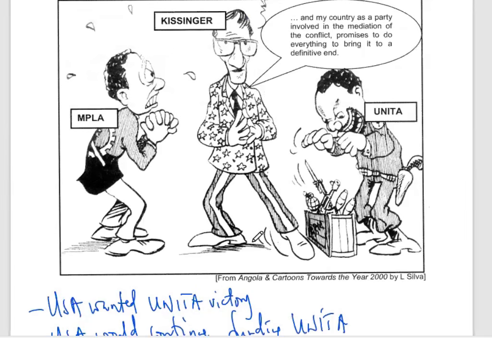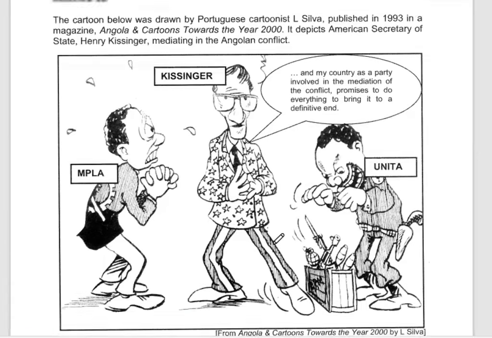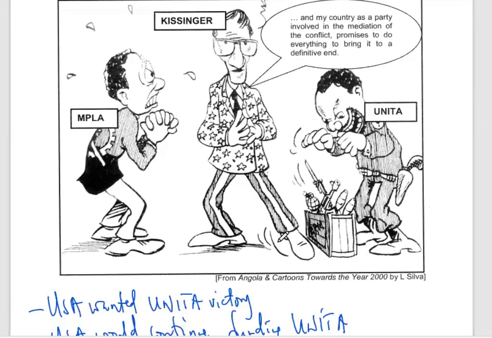So in this instance, we cannot agree with him. He is giving UNITA support and nothing to MPLA, which means they would continue funding UNITA, and UNITA will keep on fighting MPLA. That will never bring an end to the conflict, though they are trying to appear as if they are mediating between the two. You can highlight some other reasons why we would not agree with that particular statement.